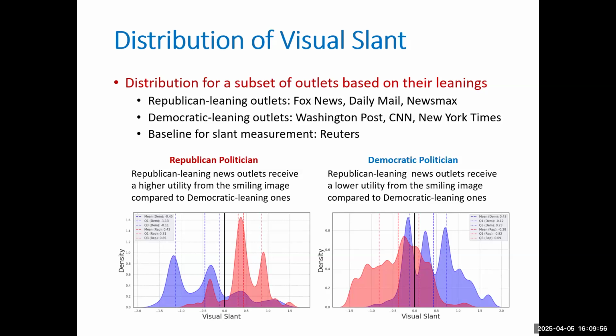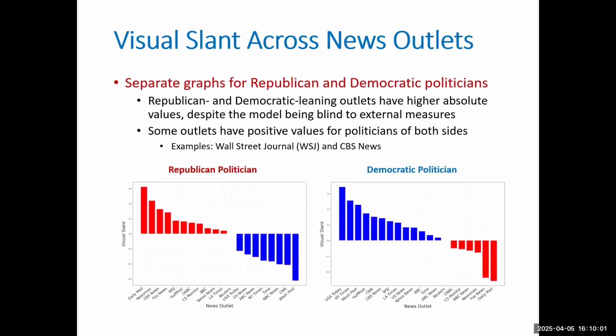So this was just to illustrate that for these outlets, we can define the measure at the outlet level for Republican politicians and Democratic politicians. It goes back to Ashwin's question earlier. This is for Republican politicians. You see, for example, Daily Mail and Newsmax have the higher slant measure, and Washington Post and CNN are on the more negative side.